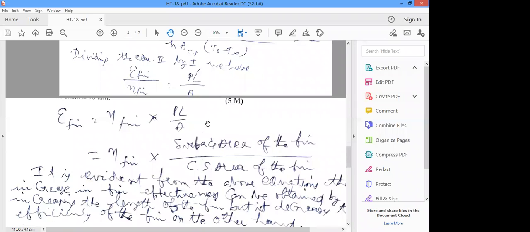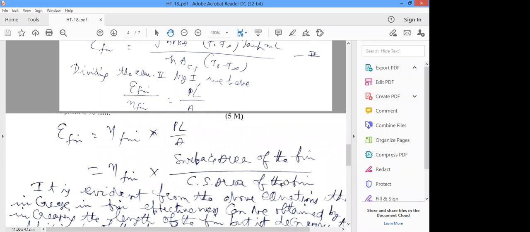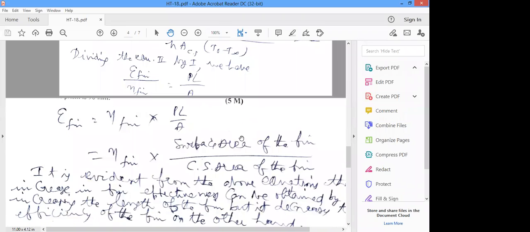Perimeter into length of the fin. So PL by A is surface area of the fin divided by cross sectional area of the fin. Effectiveness of the fin is equal to efficiency of the fin into surface area of the fin divided by cross sectional area of the fin. Any doubt? It's very important.